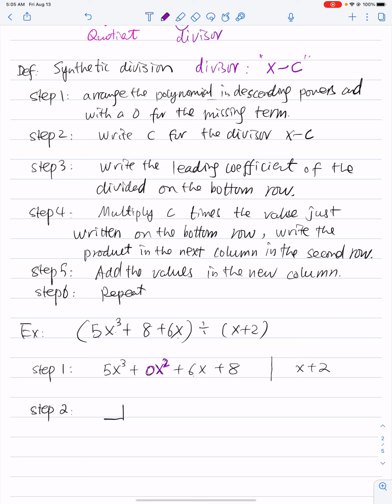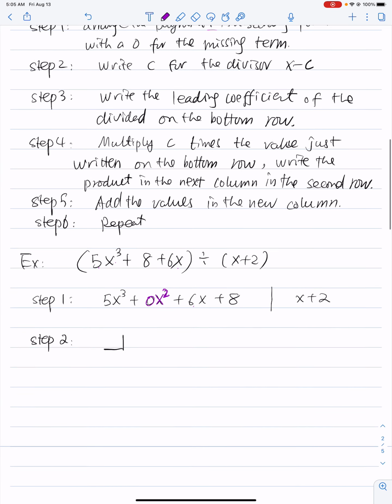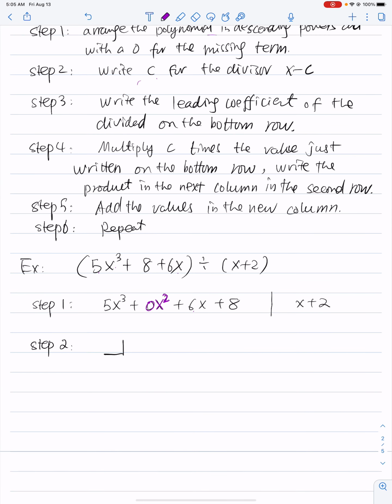So I put the x squared term here, plus 6x plus 8. Okay, so x plus 2. Then we want to rewrite c for the divisor x minus c. If you have a plus here, it has to be the opposite sign. So plus 2, what will be your c? Negative 2. Not positive, because you have a minus there.